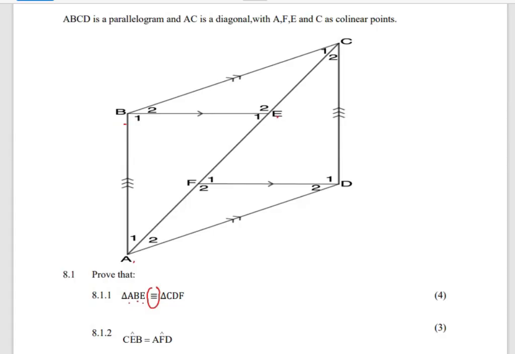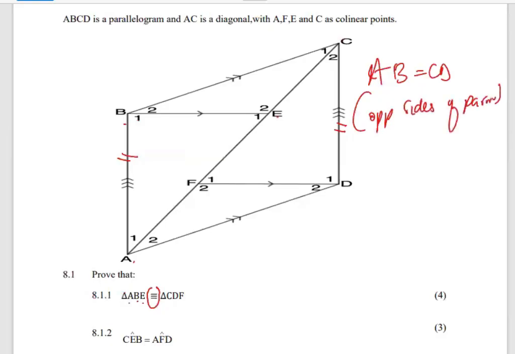Now, before we even go further, ABCD is a parallelogram. So we know that with a parallelogram, opposite sides must be equal. Okay, so we're going to start with that. So that AB is the same as CD. Reason, opposite sides of a parallelogram. And then from there, we're going to say that C2 is the same as A1.